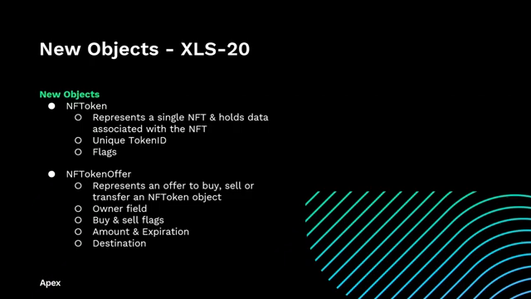And the last one is really cool. There's this destination field where the creator of the offer can specifically tell the account ID for which this offer is intended. And if this field is set, the account ID in the destination field is the only one who can accept this offer.